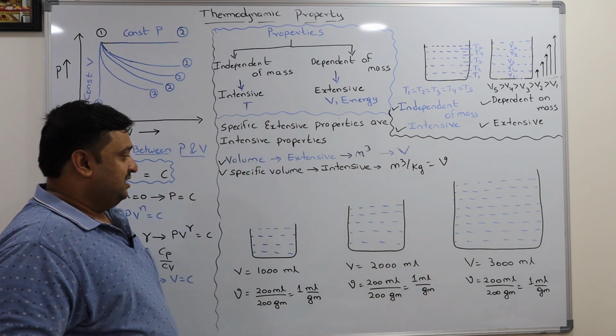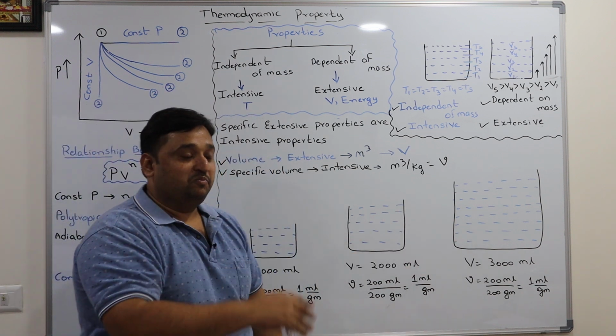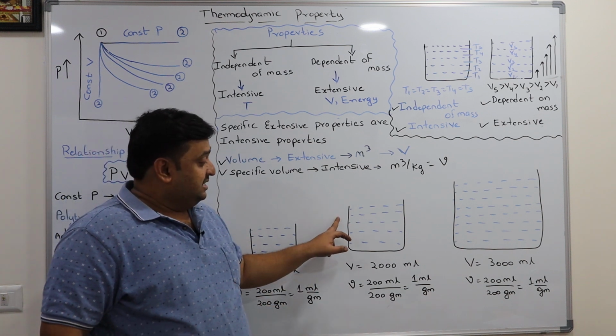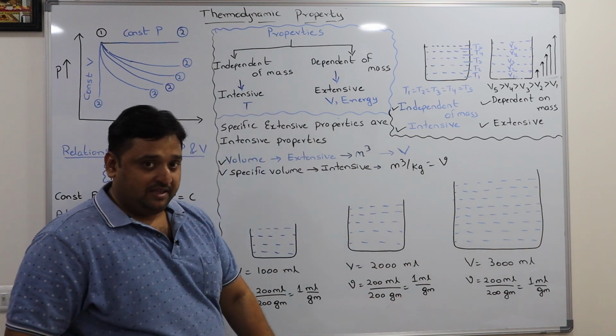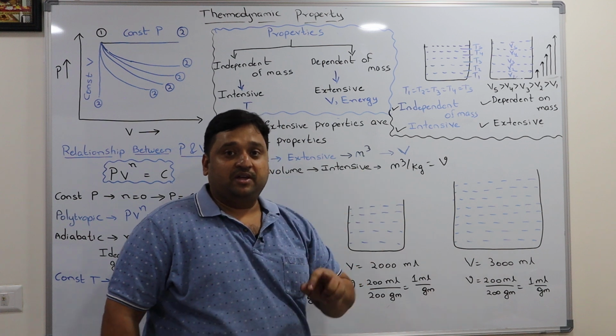How? See, I have taken 3 different containers of different volumes. The first one is having 1000 ml, second is 2000 ml, third is 3000 ml. That means more is the ml, more is the volume.